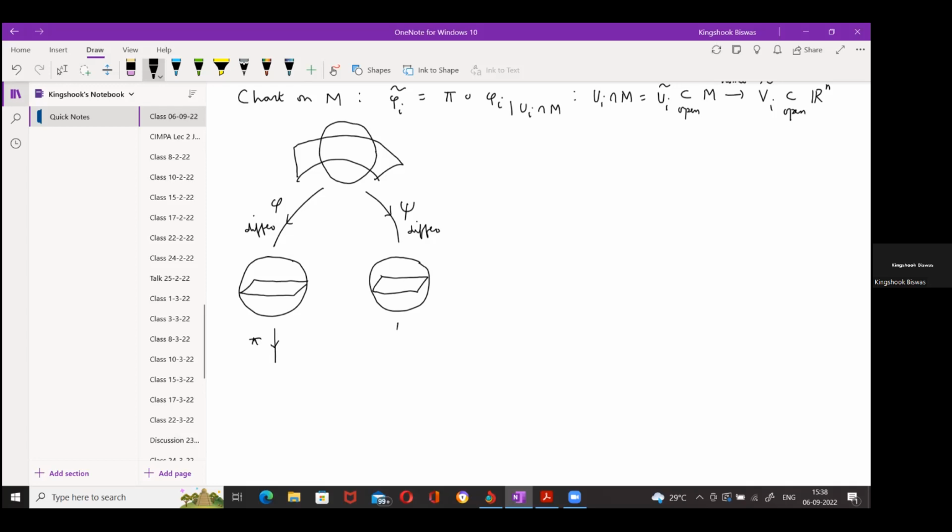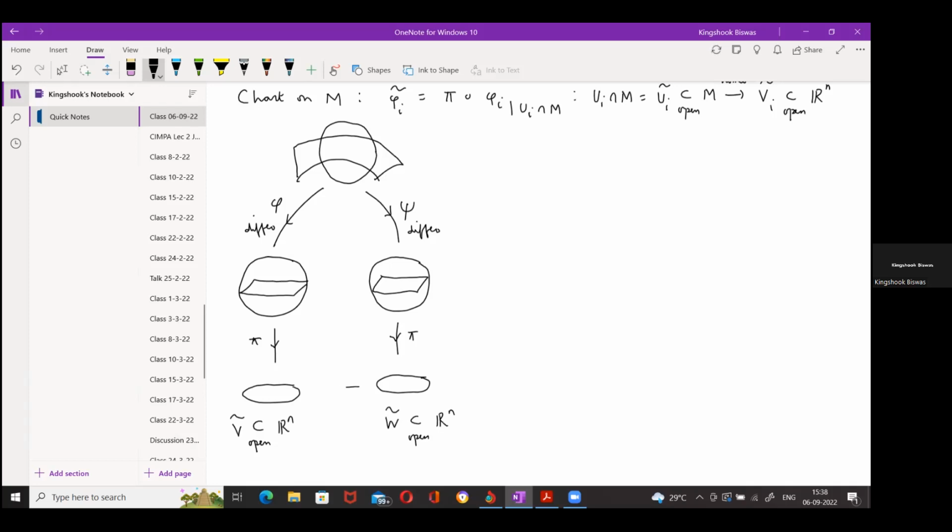to get an open set in R little n. So this will be some V tilde, which is open in R little n. This will be a W tilde, which is open in R little n.